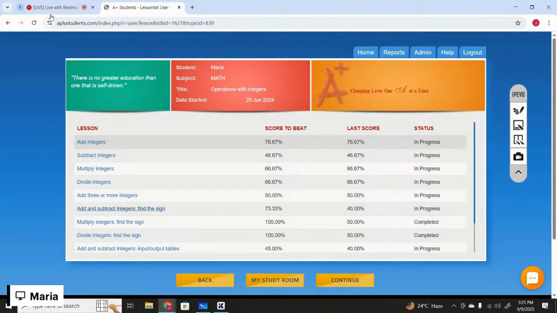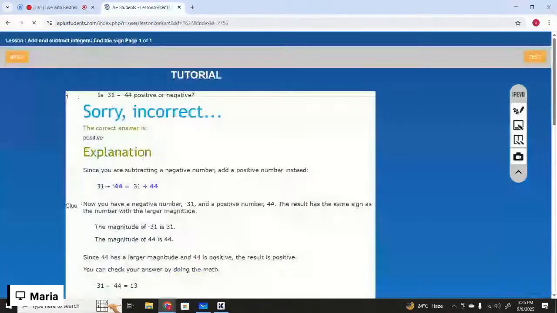The next lesson is add and subtract integers, find the sign. Is negative 31 minus negative 44 positive or negative?